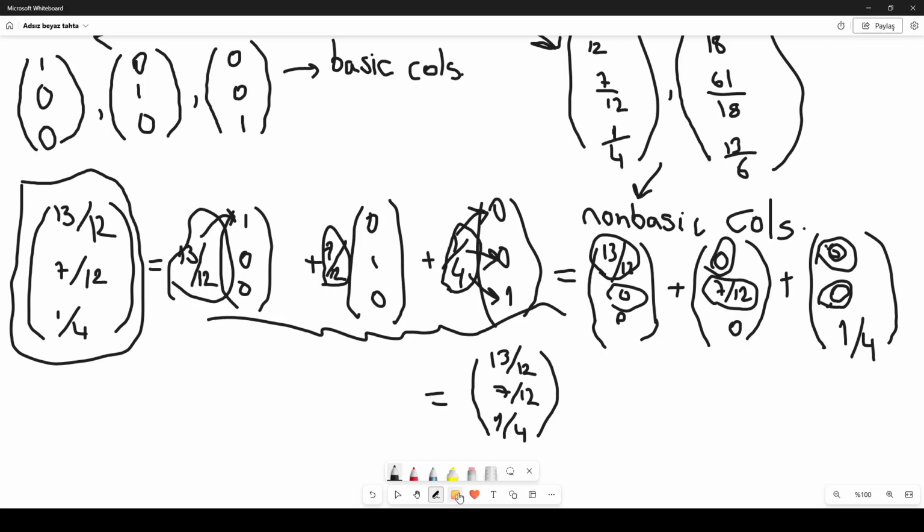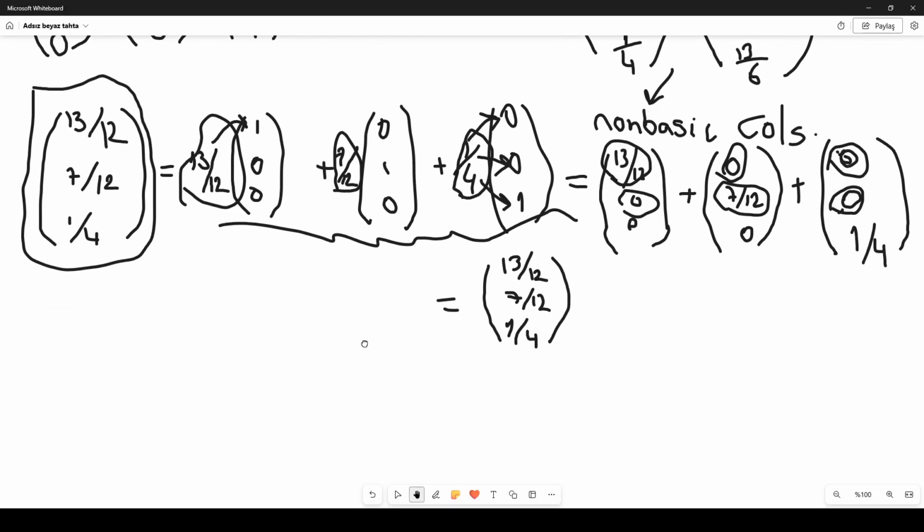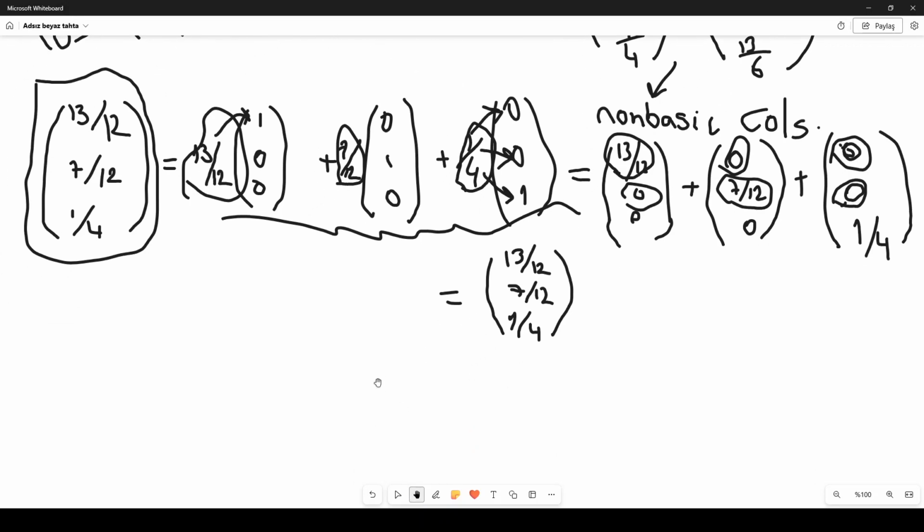As you see, we are on the right track. We are able to write the non-basic column in terms of basic columns, expressing it as an algebraic sum of basic columns by using some coefficients, and these are just the coefficients that make both sides equal.